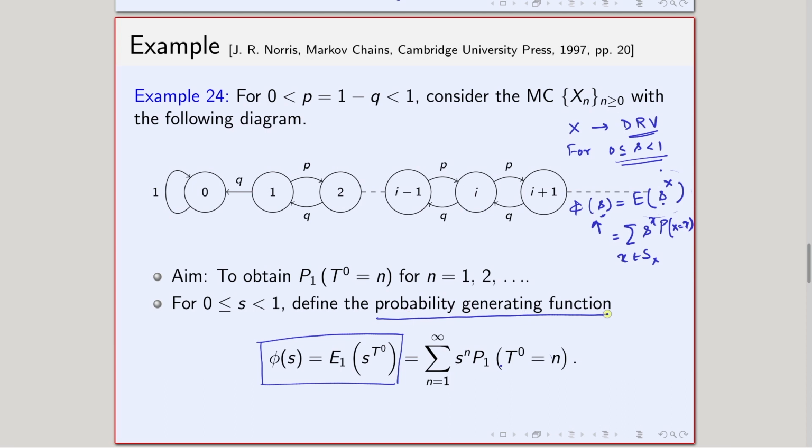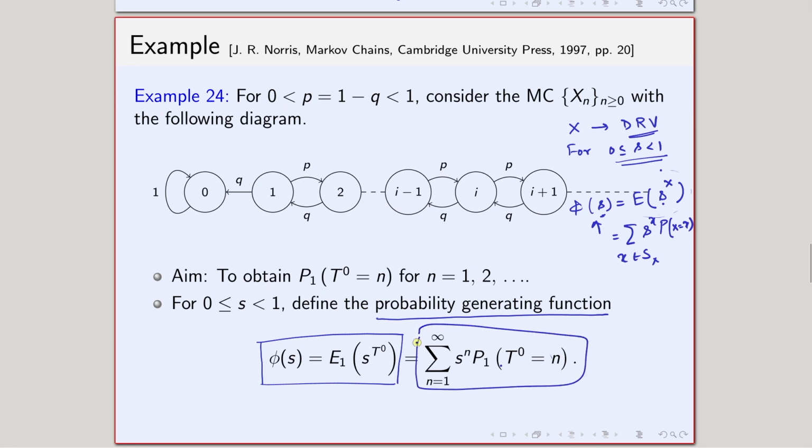That will give me the probability generating function. So, what is the benefit of having a probability generating function? There are many benefits. It is a very useful function in probability, and the idea is that for a discrete random variable, if I know the probability generating function, I know the distribution of that random variable. How? The idea is very simple.